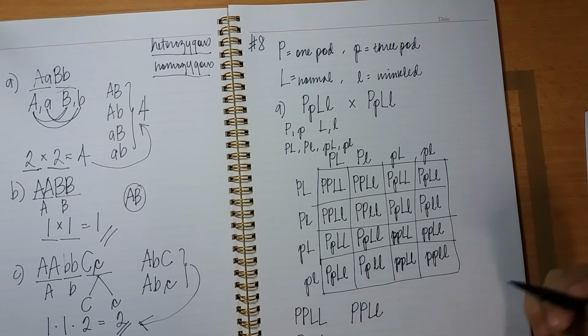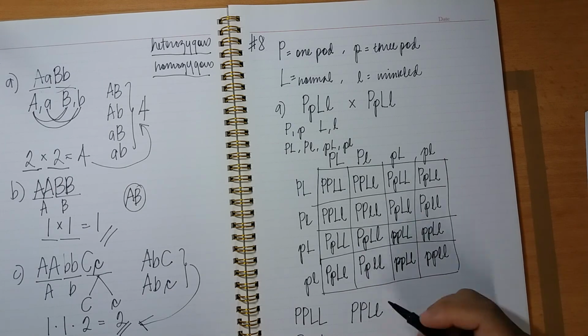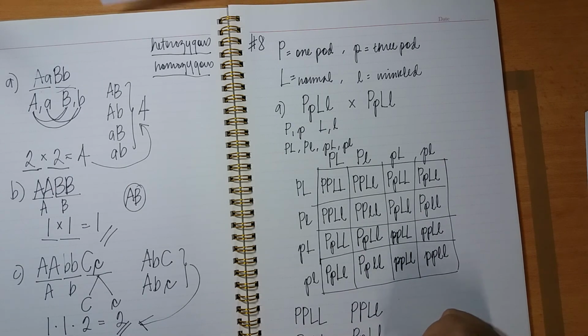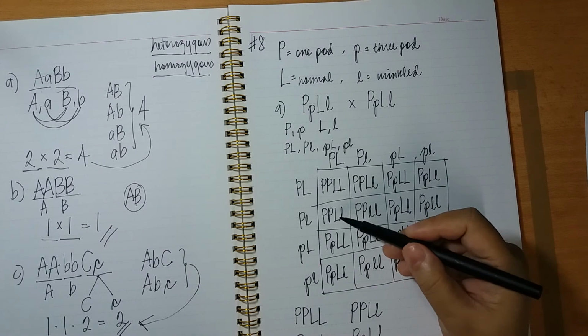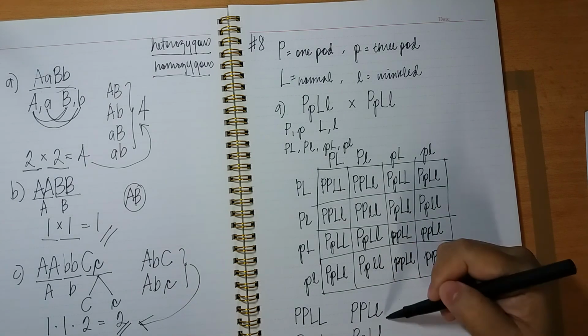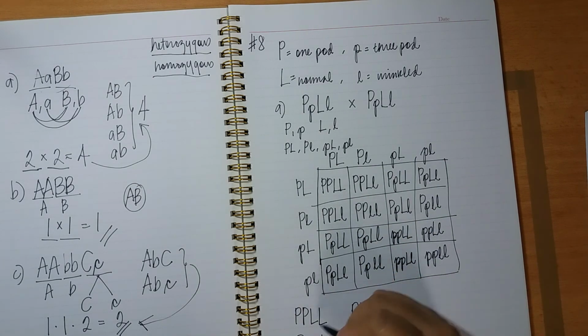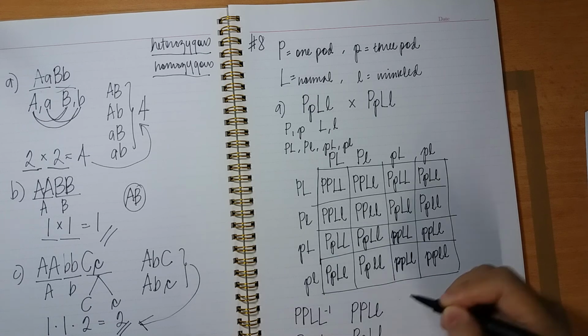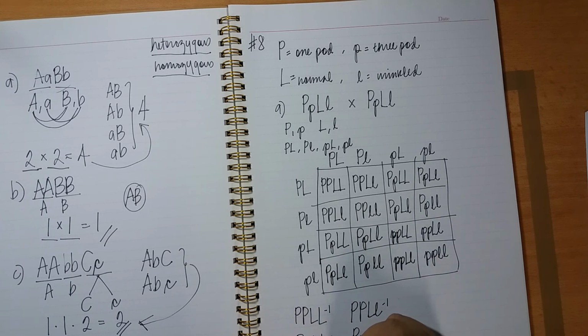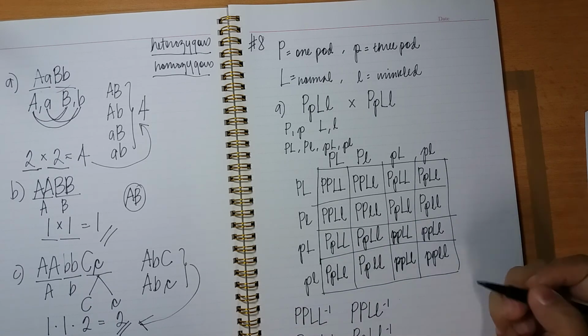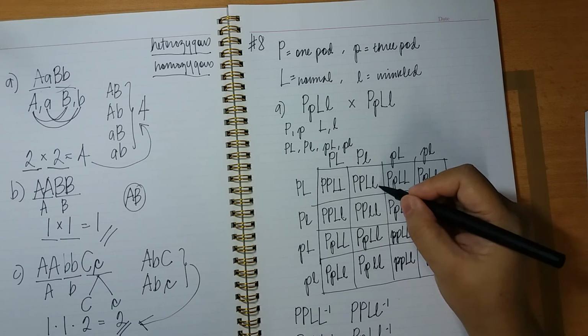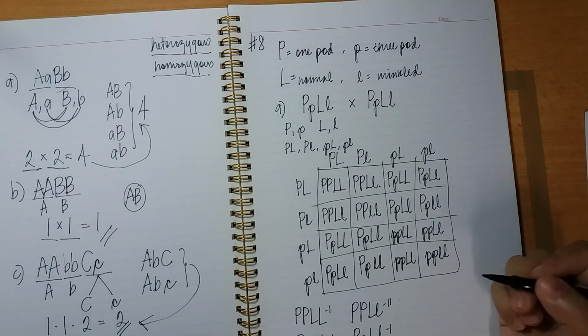Big L, big P, small p, big L. So, ito pareho na nito. Okay? So, i-tick natin. So, ito may ilan na tayo? 1, 2, 3, 4. This one is the same as this one, right? So, dalawa na siya. Okay?